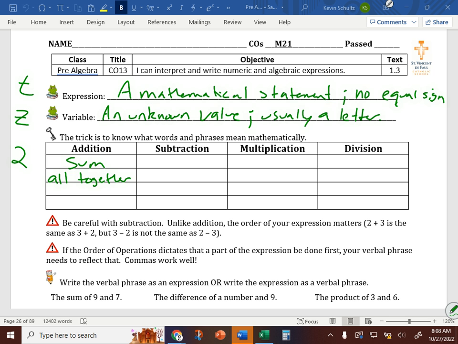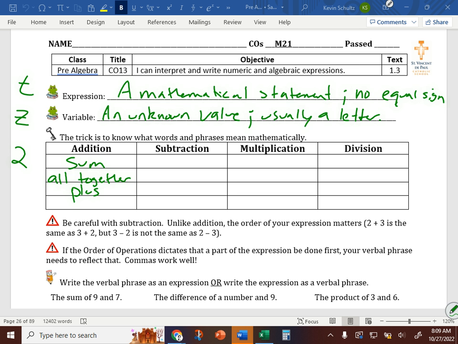Plus. Nice. Any others? For addition or any of the operations? Nolan. Very well. Tristan. For makes sense. Yes.